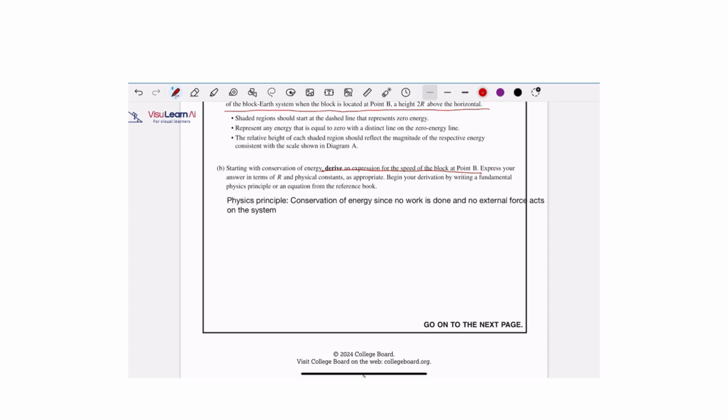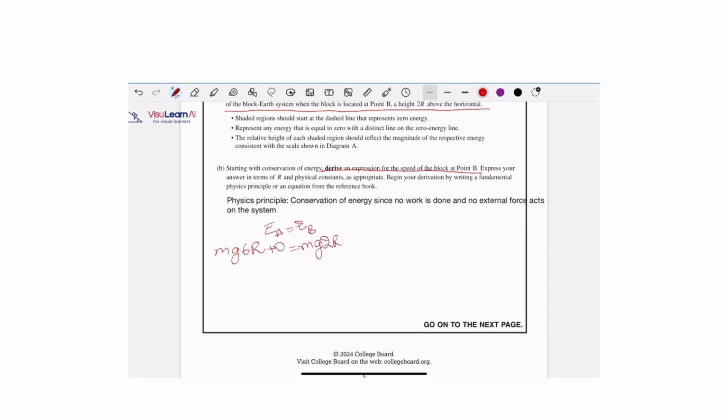All right, and then the other part of this is that the energy at A will be equal to the energy at B. So we write down the energy of A as mg6r plus 0, which is the kinetic energy, and then mg2r.